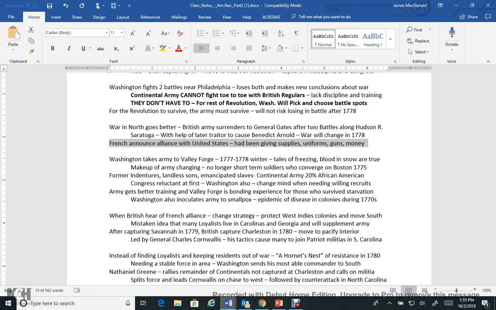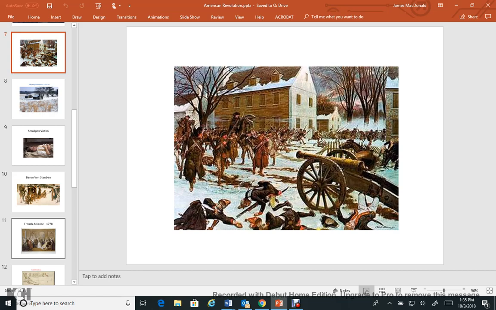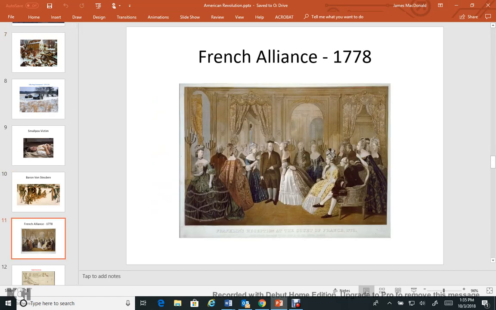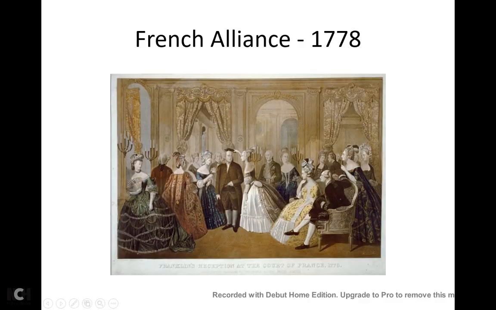The work that had been done by several American diplomats, including Benjamin Franklin, here he is. The French call him l'ambassadeur électrique, the electric ambassador, for his experiments with kite flying and creation of some of the scientific innovations he came up with.